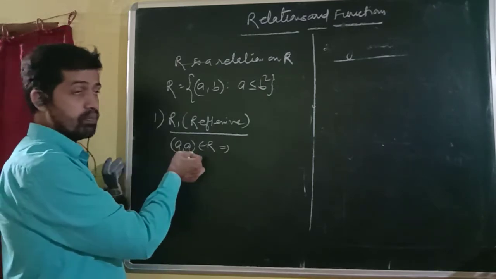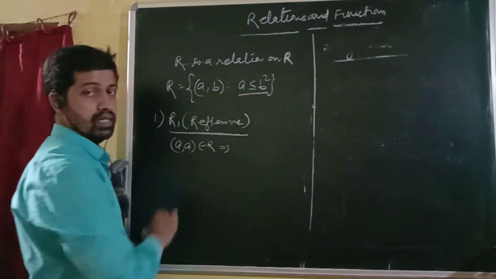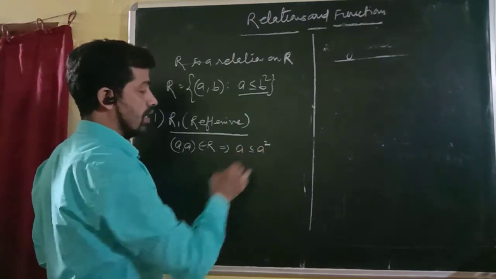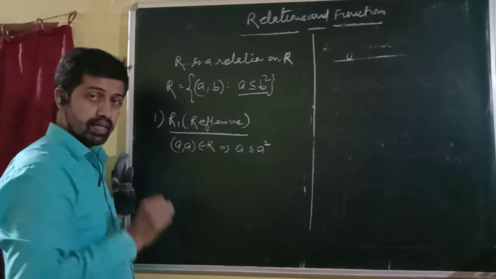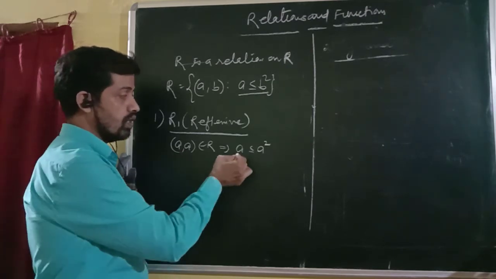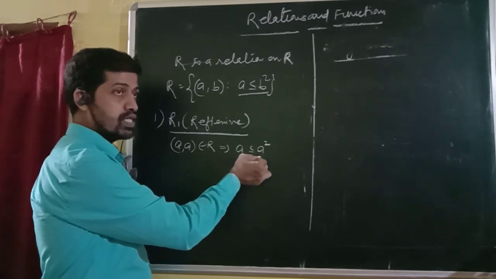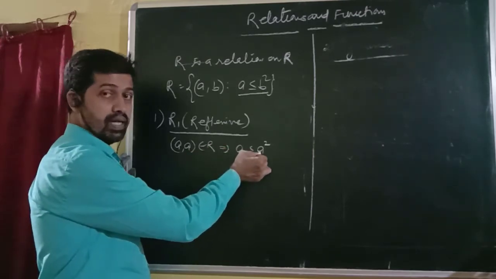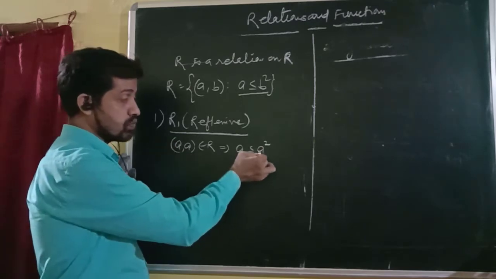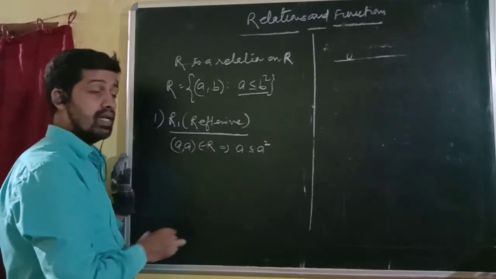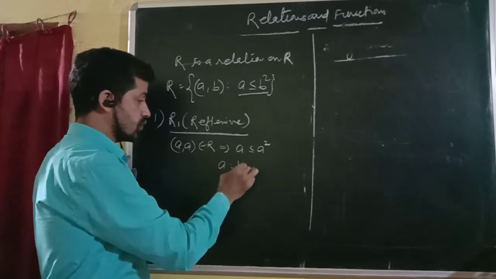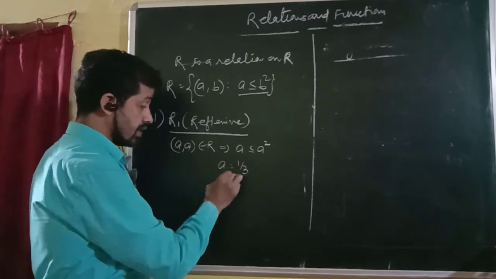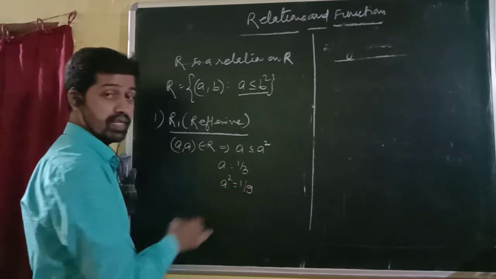Now if A comma A belongs to R, then this condition should be followed. That means A less than A square. Now, is it true always that every real number square is greater than the real number itself? For example, we take A equals 1 by 3. Then A square equals 1 by 9.